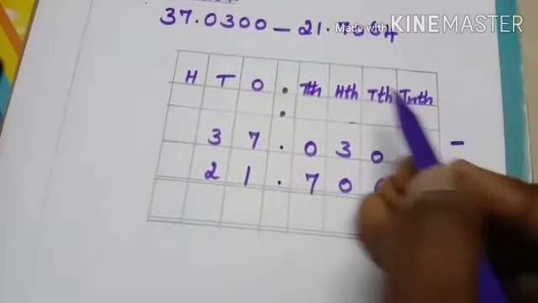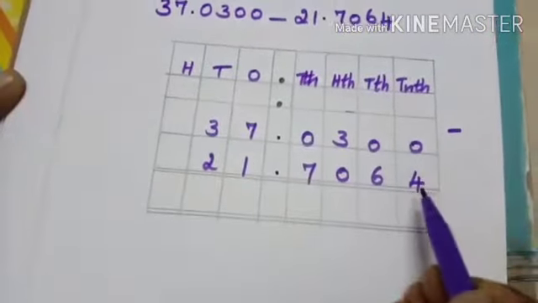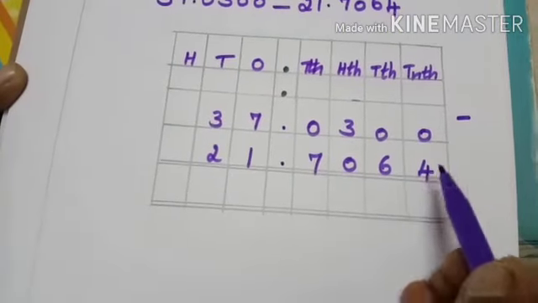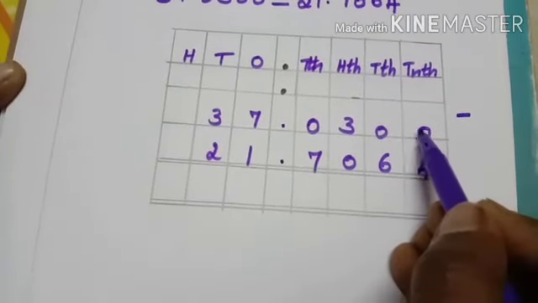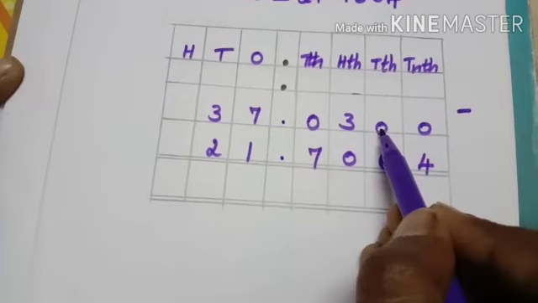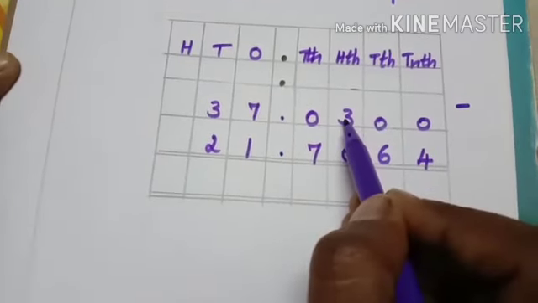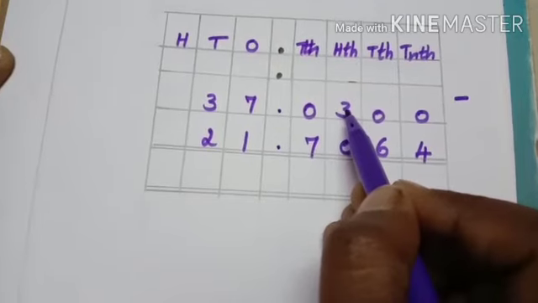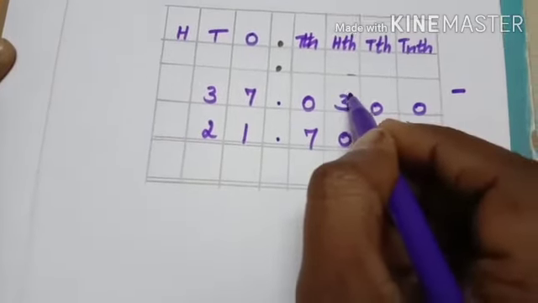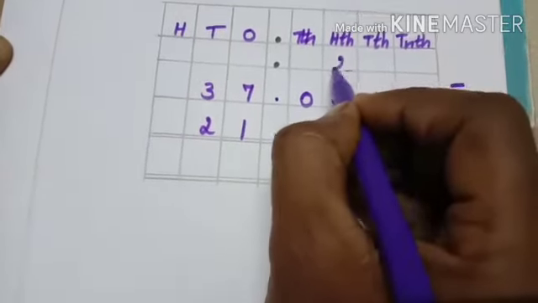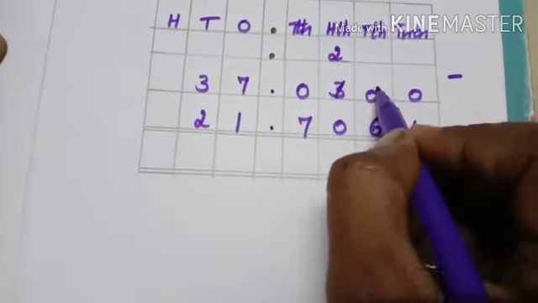Here we have to subtract from right to left. We can't subtract 4 from 0, so we need to borrow from the thousandths place. Here also 0, so we need to borrow from the hundredths place. So it becomes 2, and here it becomes 10.